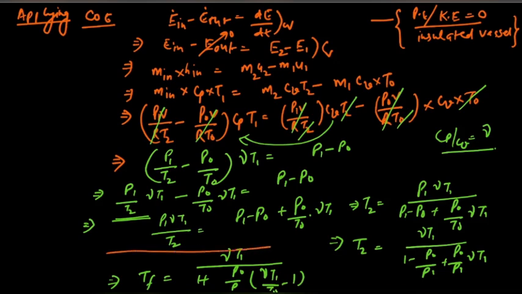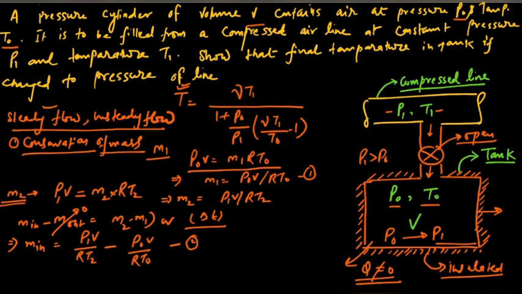So this is the final temperature in the pressure vessel once it reaches the pressure maintained in the pressure line. We were asked for the final temperature in the tank if charged to the pressure of the line. So this was the final solution as well as the analysis for the unsteady flows.